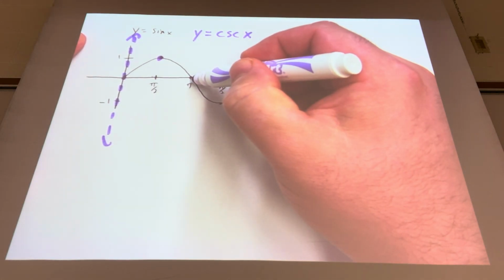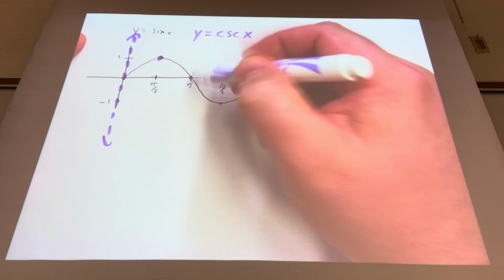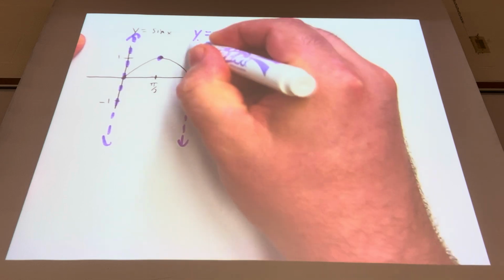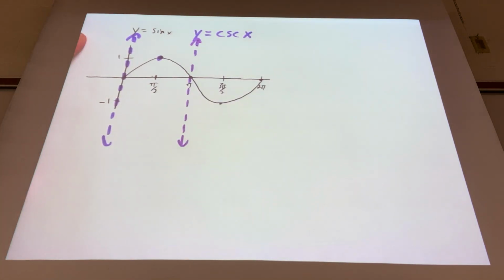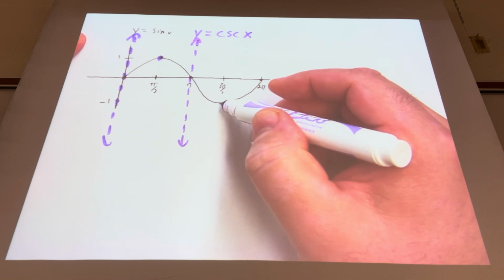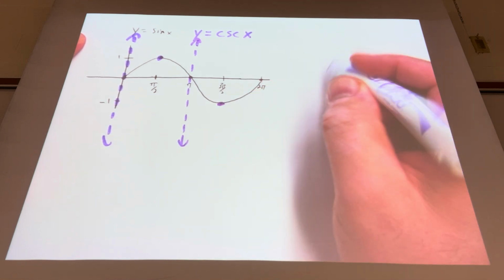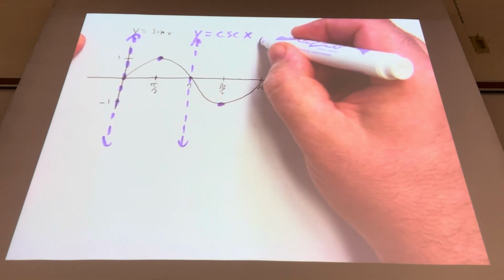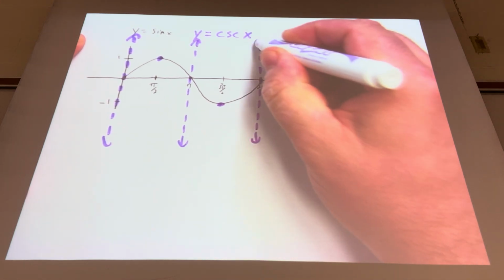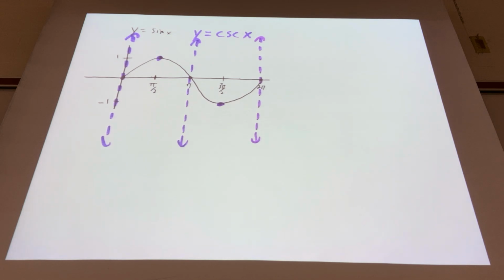Here at pi, we have the reciprocal of 0 once again, so we have that undefined line, that vertical asymptote. What's the reciprocal of -1? -1. And then once again here we have that 0, so the reciprocal is undefined.